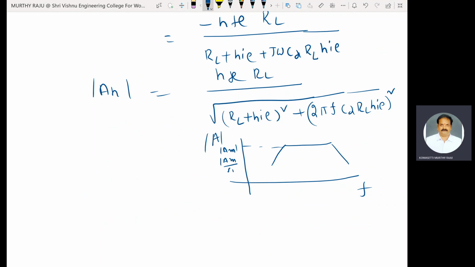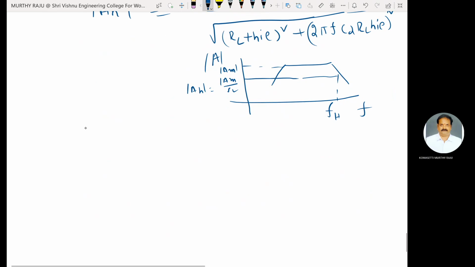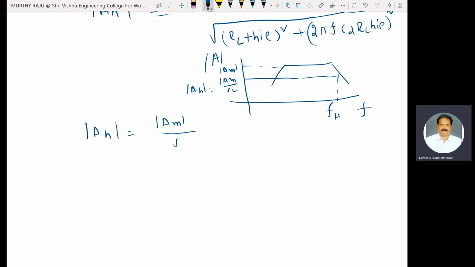Mod AM by root 2 here we can consider as FH. This is the mod AH. Mod AM by root 2.